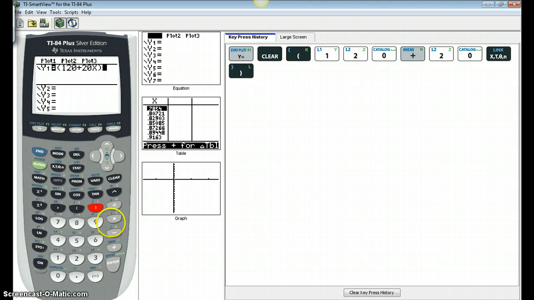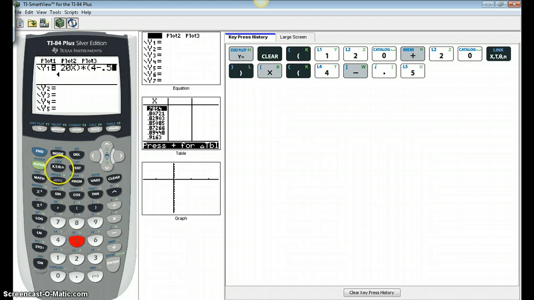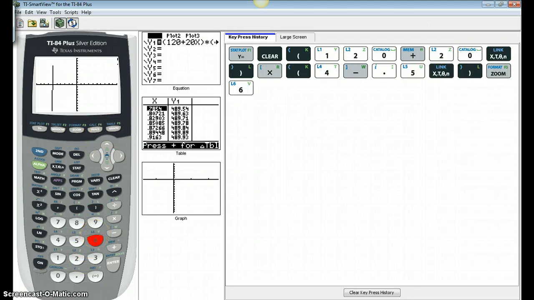We're going to close that. Multiplied by $4 minus 50 cent decreases. And I'm just going to zoom that to the standard viewing window for now.